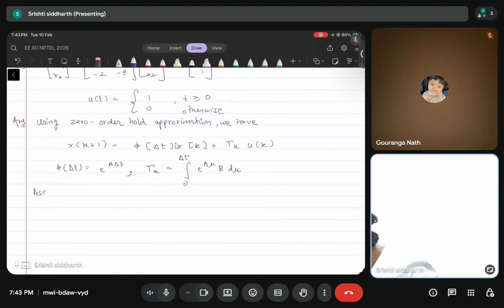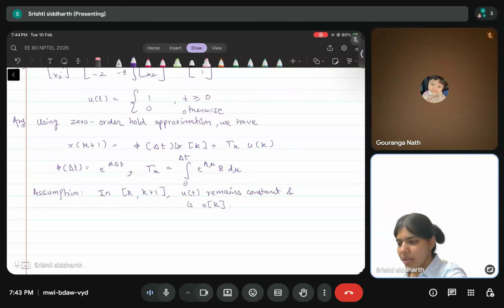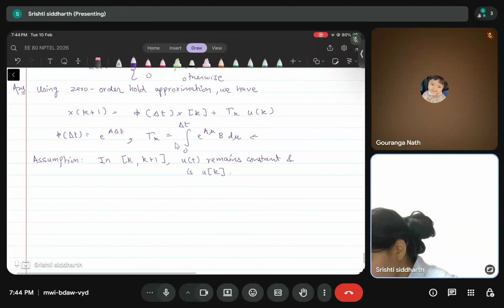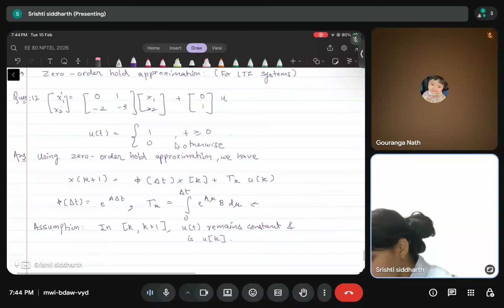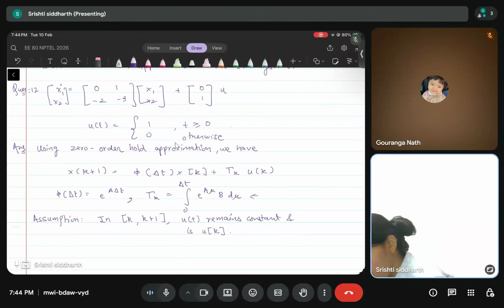The assumption is that in the time interval k to k plus 1, the input u(t) remains constant and is u at k, so it can be taken outside this integral. So we know the state transition matrix at any time. We can substitute delta t and get e to the power A delta t.